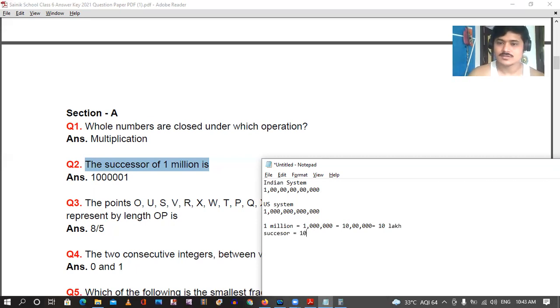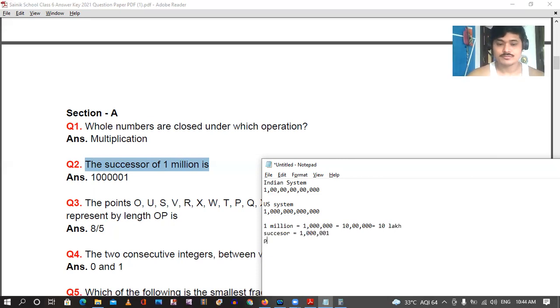So it is 10,00,001. Or if you want to represent this in the US system, it should be 1,000,001. Successor means the number just after that. Predecessor means the number just before that.